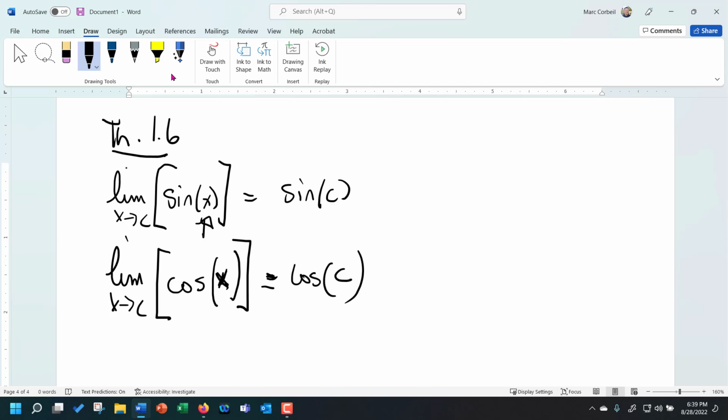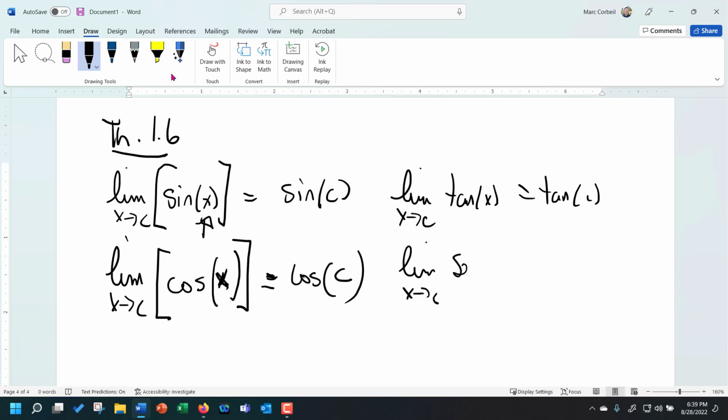So this is going to go for all 6 types of trig values. So the limit as x goes to c of tangent x is going to be tan c. The limit as x goes to c of secant x is secant c, as long as they're defined, we're good.